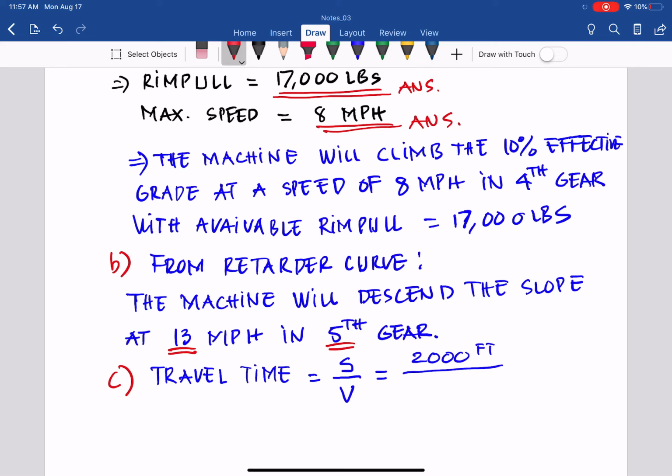But our V equals 13 miles per hour, so you have to convert the unit. We use 88 feet per minute over 1 mile per hour for the unit conversion.